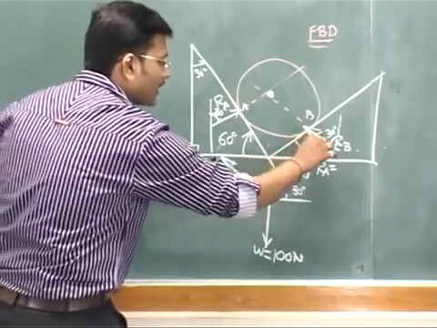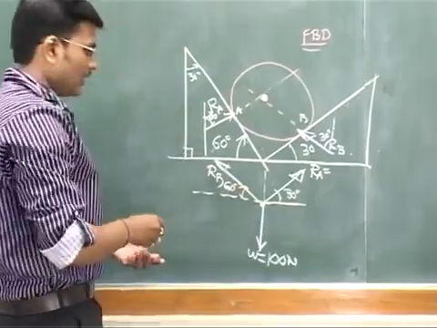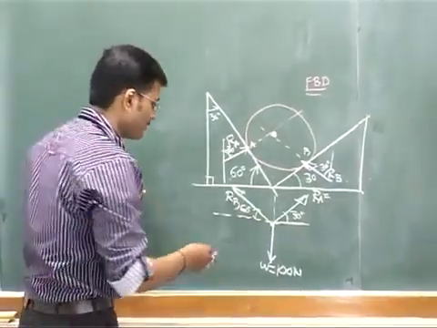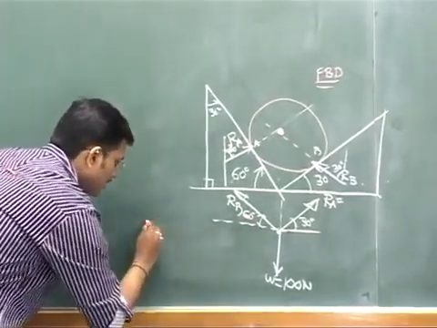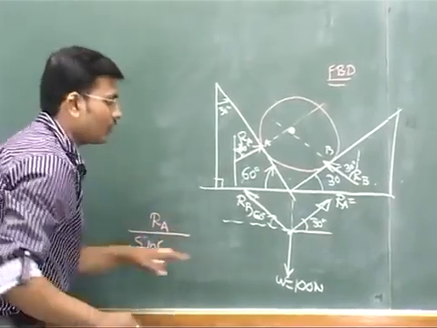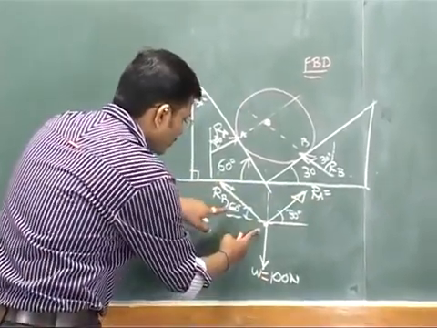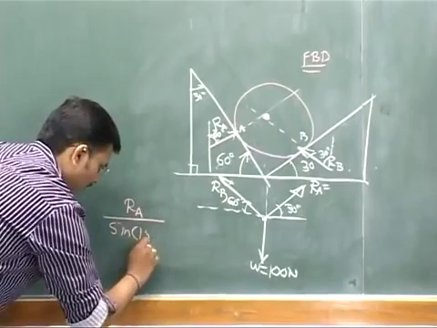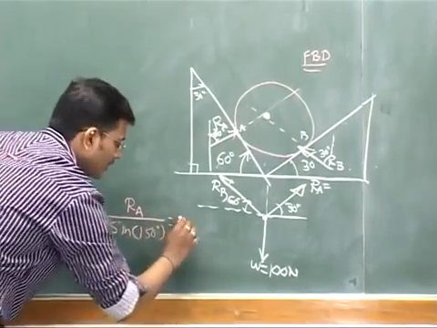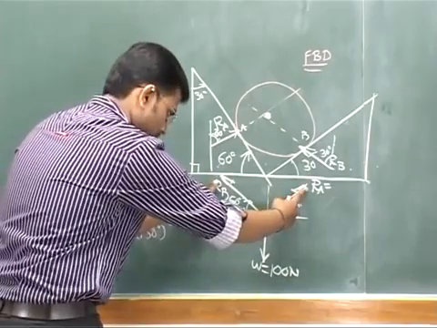The angle with respect to vertical is 30, so the angle with respect to horizontal will be 60. And then we have to apply Lami's theorem. According to Lami's theorem, RA divided by sine of the angle between. So when you calculate RA, the angle between these two forces is important. So 90 plus 60 is 150 degrees, is equal to W divided by sine of the angle between these two.